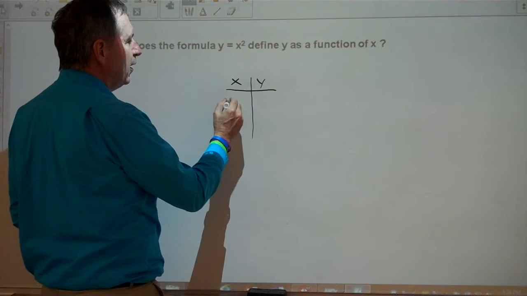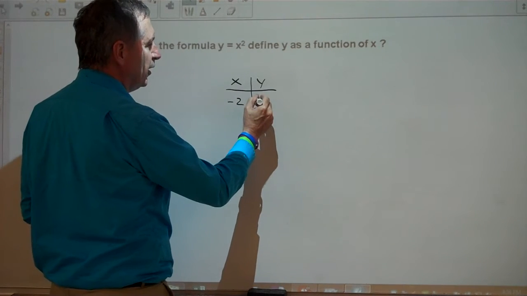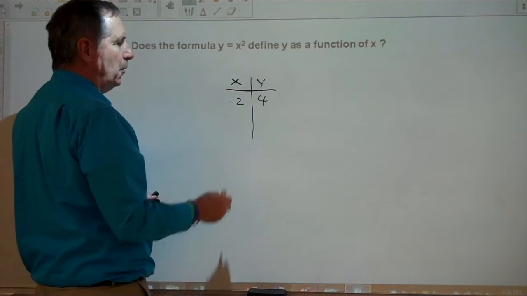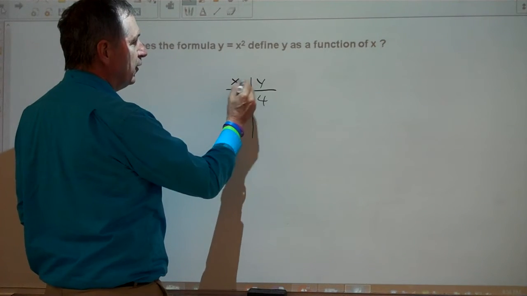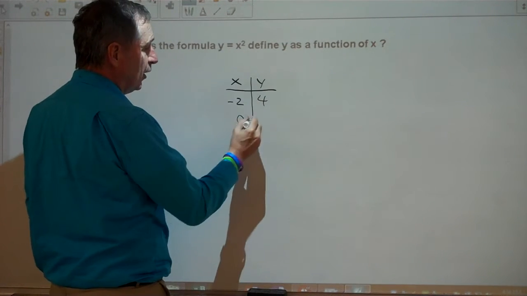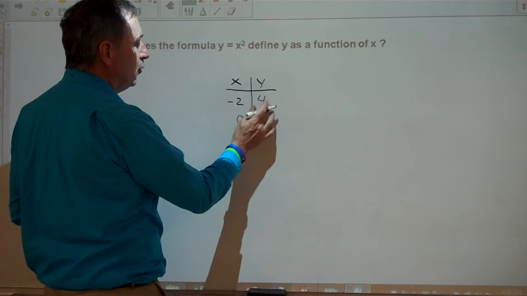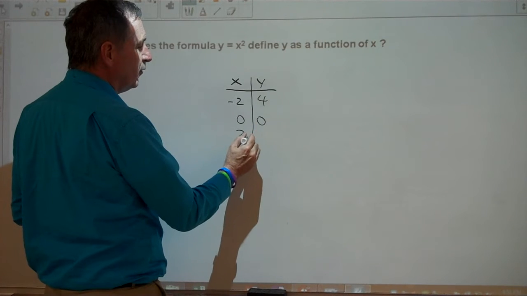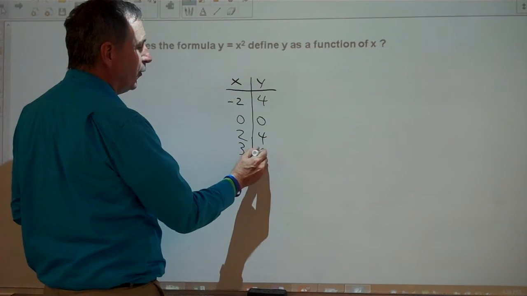If we try -2, we get -2 times -2, which equals 4. If we enter 0 as an input to this equation, we get 0 as an output. If we put in +2, we will likewise get 4 because 2 times 2 is 4. And an input of 3 gives an output of 9.